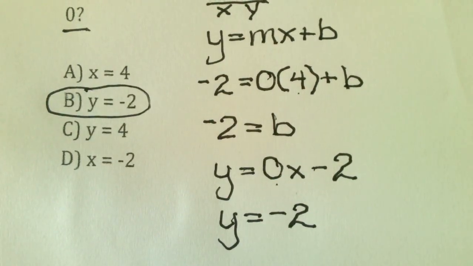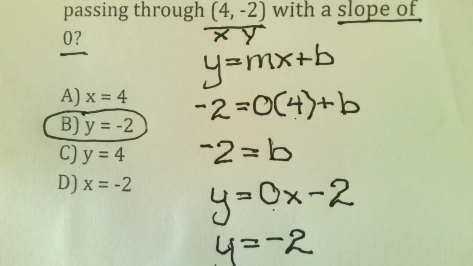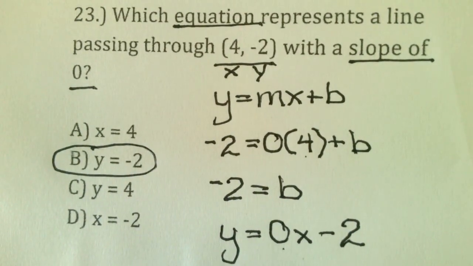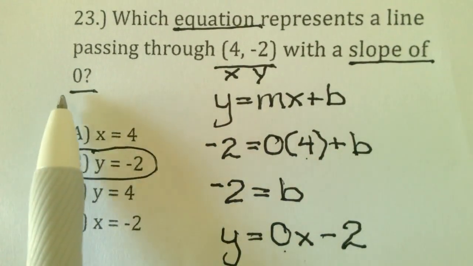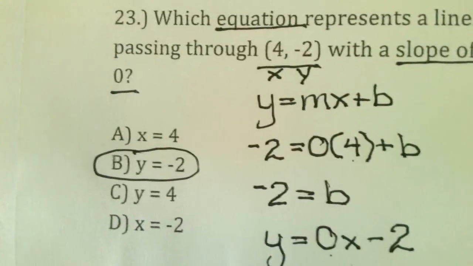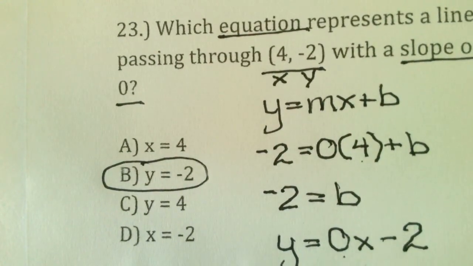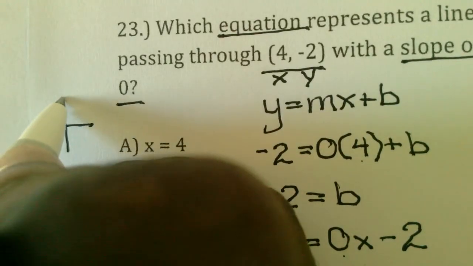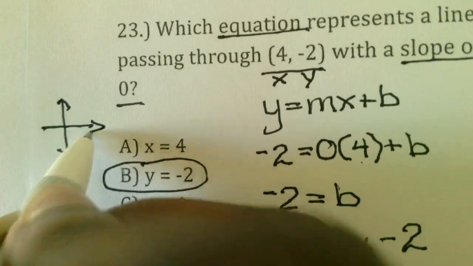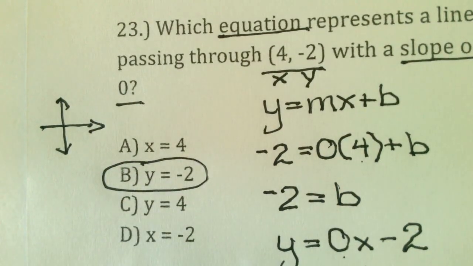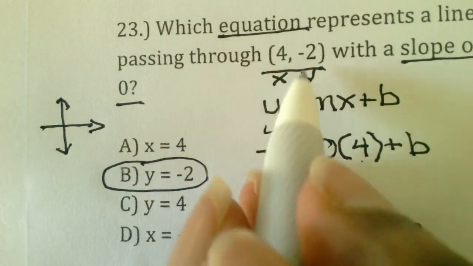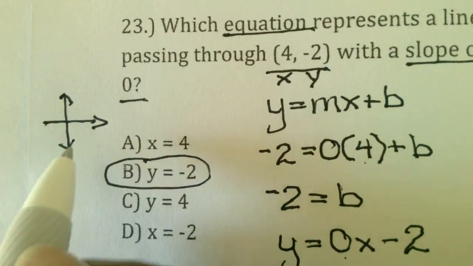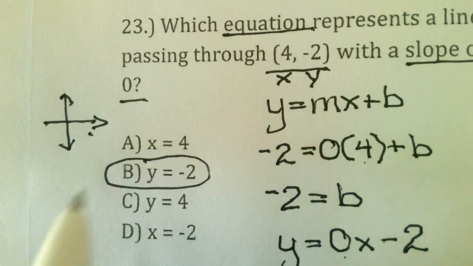Another way is the slope of 0. Now, if we know that we have a 0 slope, that means if I were to sketch the graph, okay, here's my axes, and then 4, negative 2 is going to be in the 4th quadrant, somewhere around here.